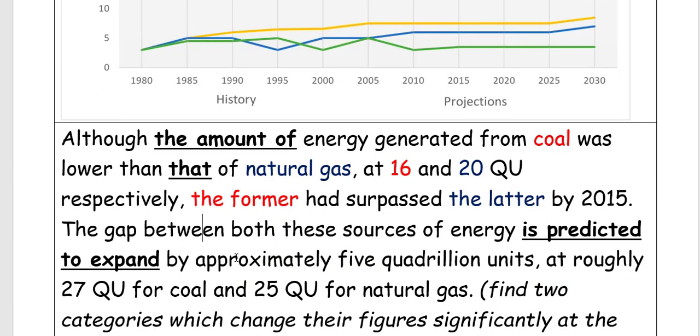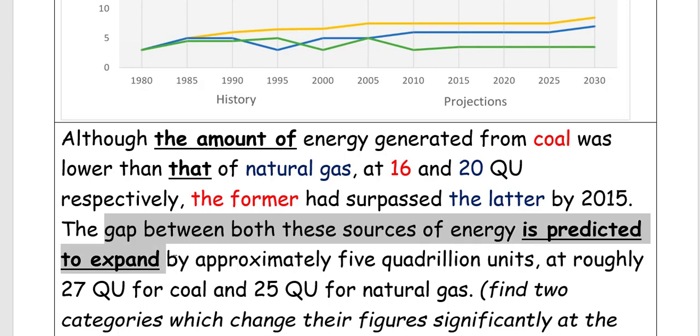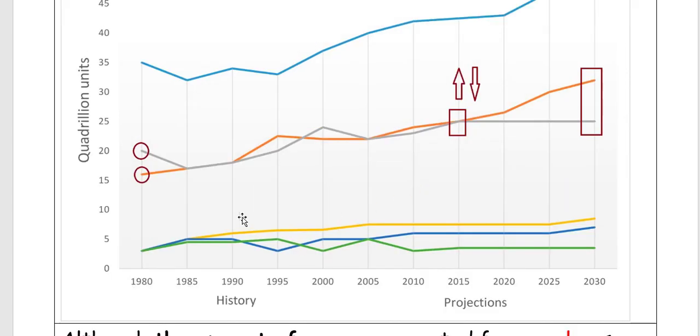The gap between both of these sources is predicted to expand by approximately 5 quadrillion units. So we can see that this trend reversed.